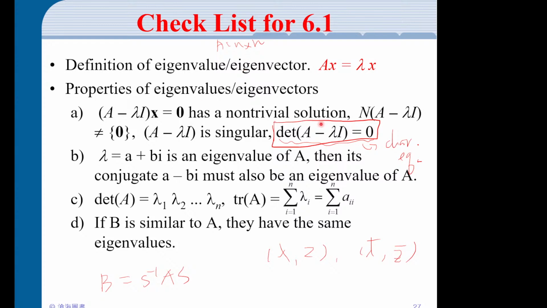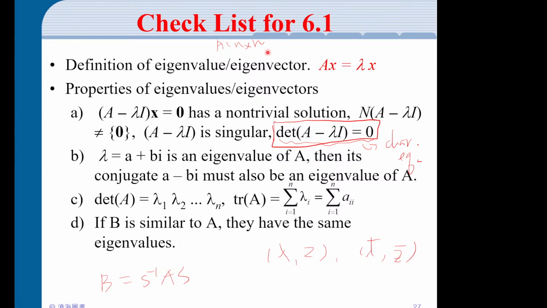Okay, and let's refresh our memory a little bit. We are talking about eigenvalues and eigenvectors, and in section 6.1 we give most of the definitions. We have the definition of eigenvalue and eigenvector. It's defined for every n by n matrix.